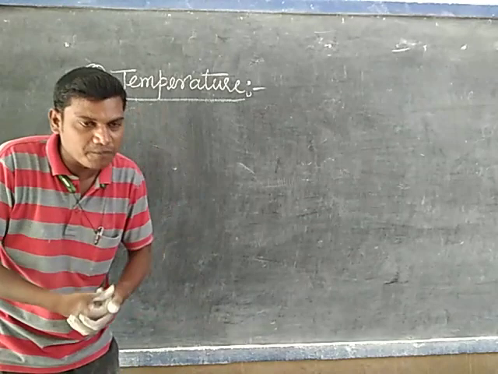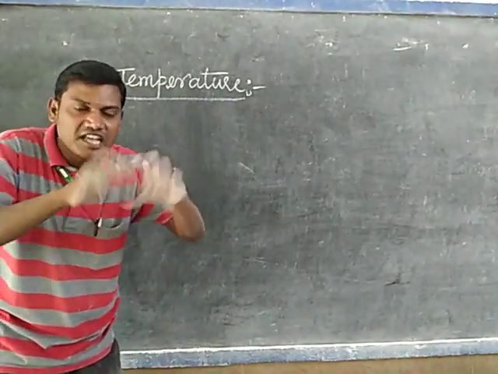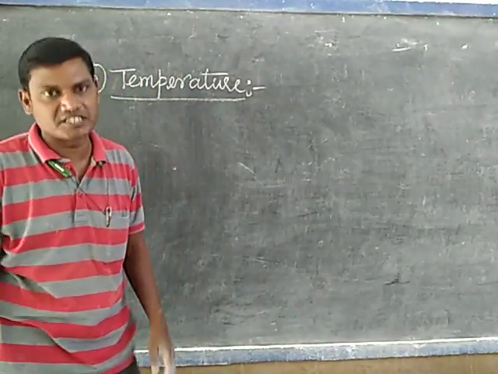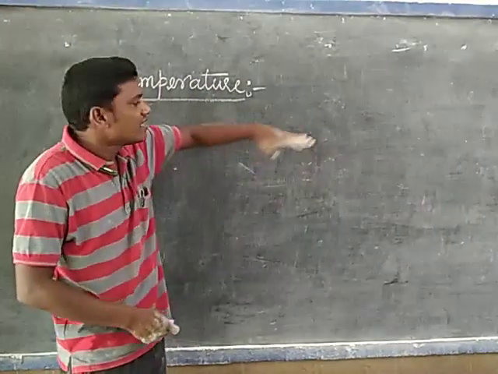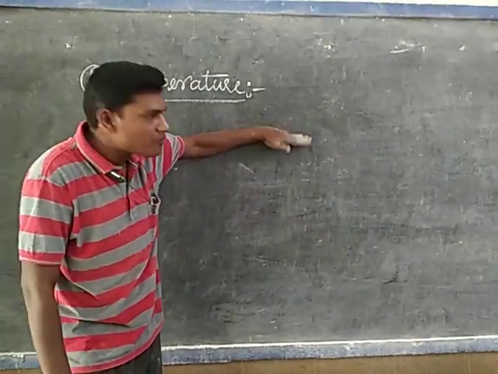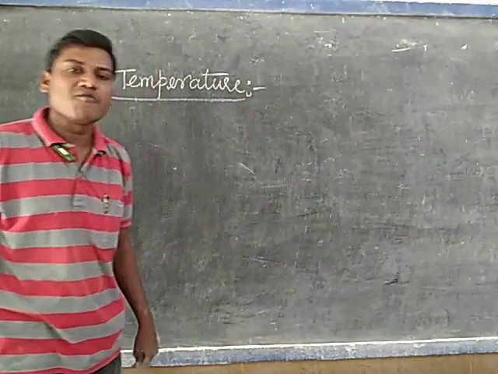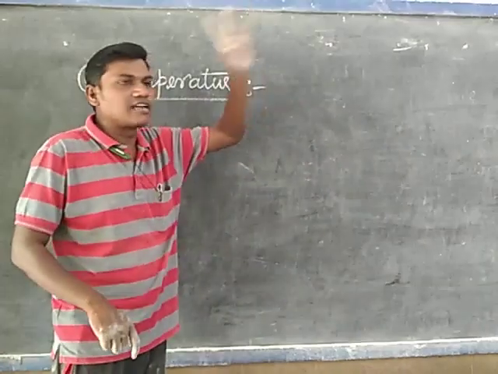That's why, by increasing the kinetic energy of the particles, due to the collisions they transfer more heat energy, and that heat energy is absorbed by the surface molecules, and they quickly overcome the atmospheric pressure and convert into the vapor state. That's why when temperature increases, evaporation also increases.